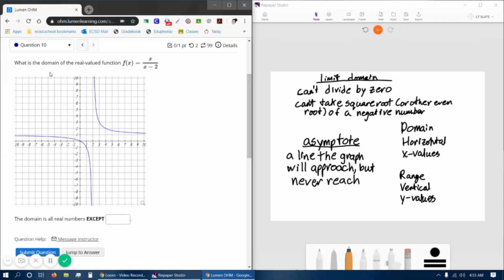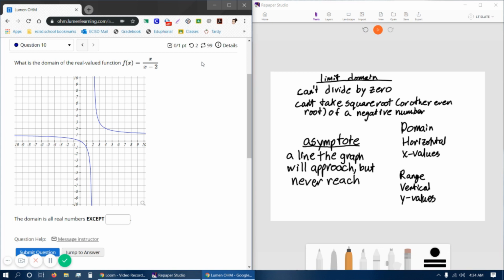Question 10 wants me to find the domain of the function f of x equals x divided by x minus 2. Remember that domain is your horizontal x values. Also remember that the only things that can limit the domain are dividing with a variable or taking a square root or even root of a variable. This function has a variable in the denominator, meaning it is dividing with a variable.